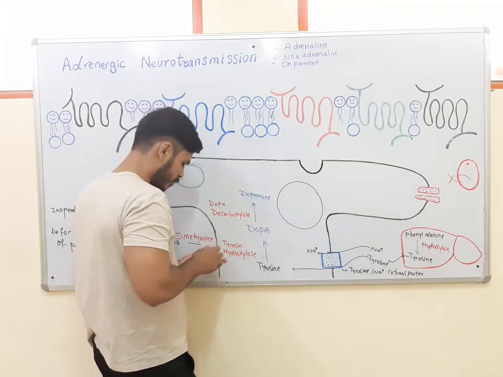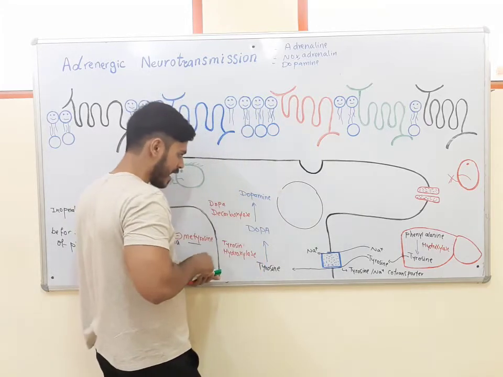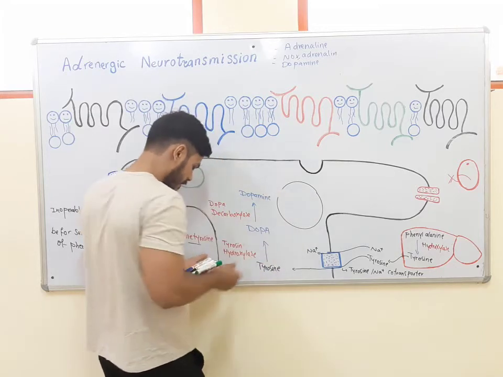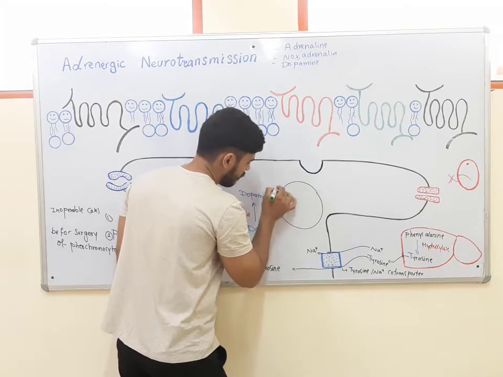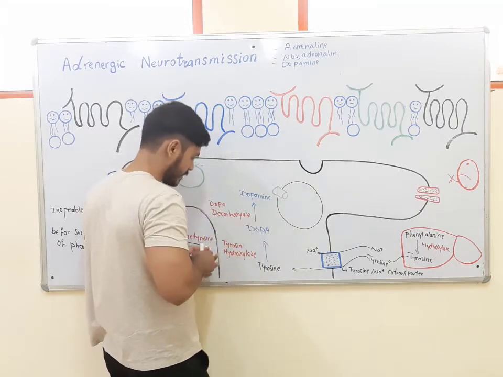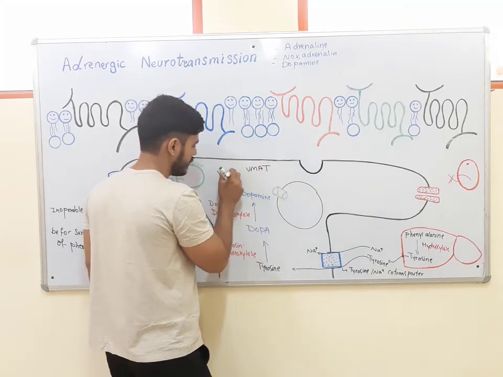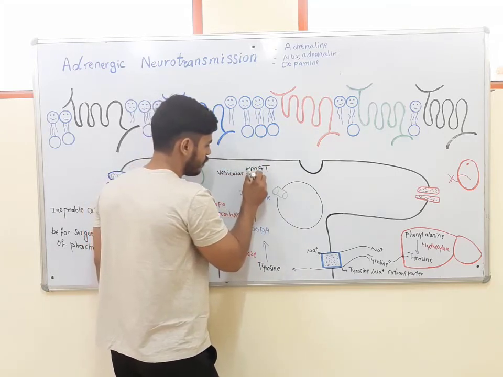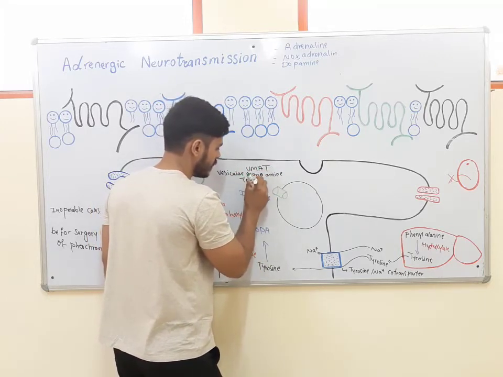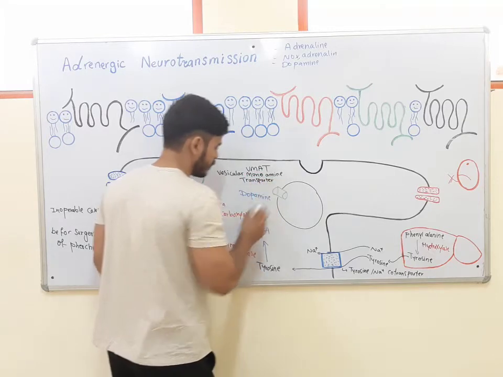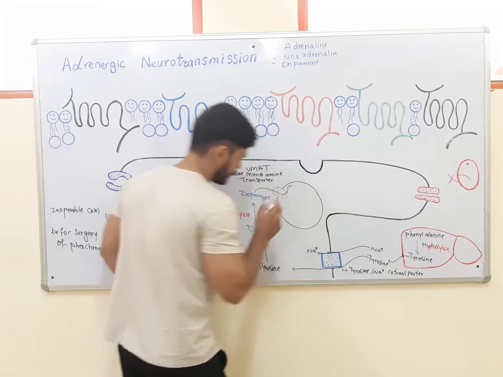The uptake of dopamine is mediated by a transporter which we have on the membrane of the vesicle. This transporter is VMAT, an abbreviation for vesicular monoamine transporter, and it transports dopamine into the vesicles.